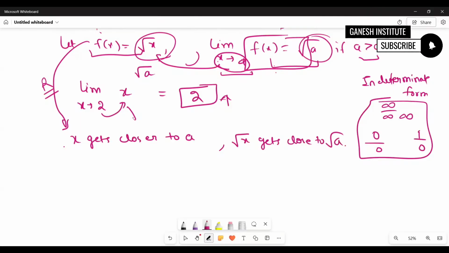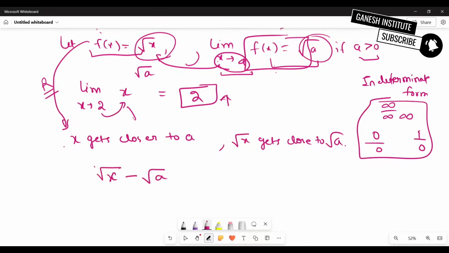This is what I have to prove. So if I see, I can take any value by the difference or by the addition, like root x minus root a if I choose.